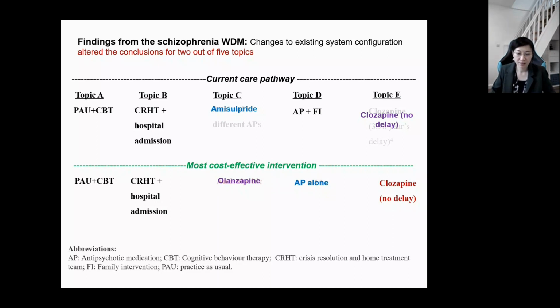So by doing this, we can demonstrate the importance of capturing the interactions between different interventions across the care pathway.